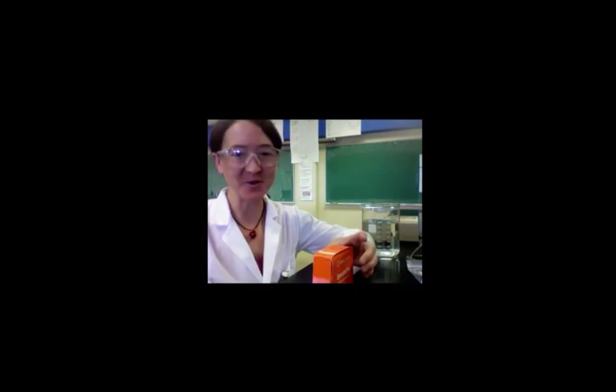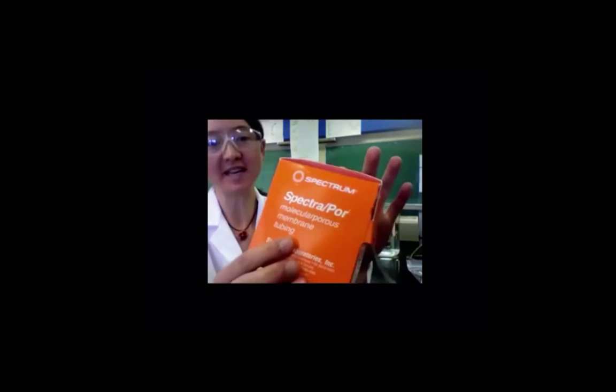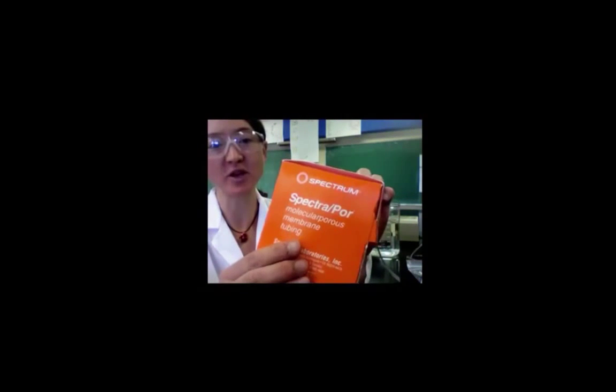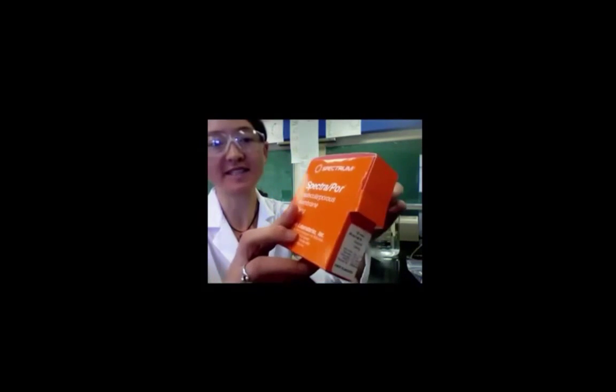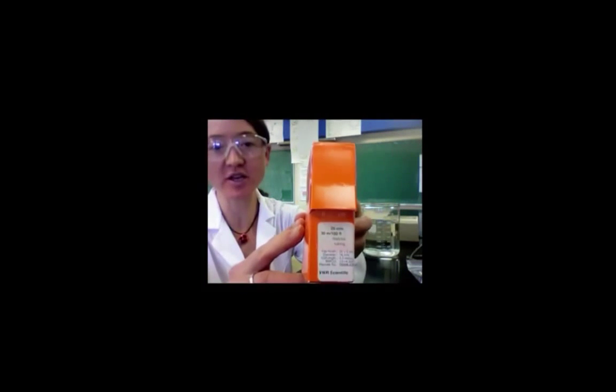So cool! Let's get a little bit closer view of this dialysis tubing. The brand that we're using in this case is Spectrapore, and what's really important is to look on the side of the box to make sure that you're getting the desired molecular weight cutoff.